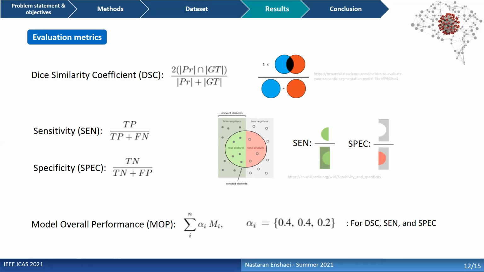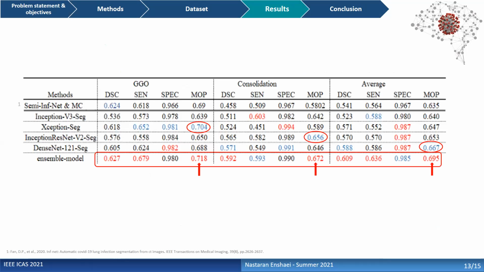Here, since dice coefficient and sensitivity are more focused on detecting infection pixels, we assign more weight to these metrics and consider less weight for the specificity metric.